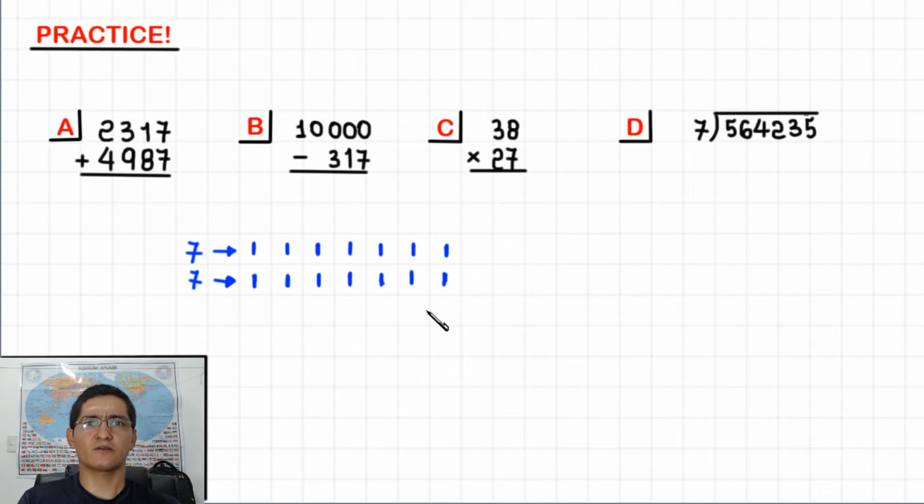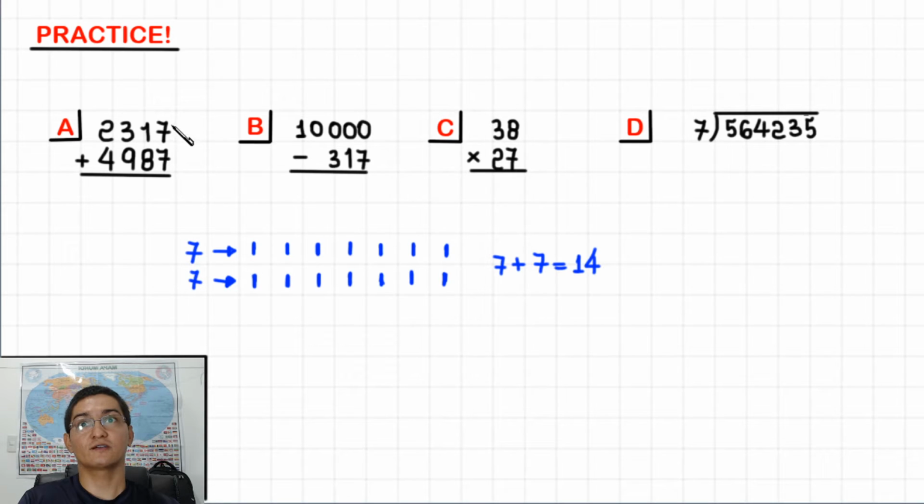Now let's count them all. 1, 2, 3, 4, 5, 6, 7, 8, 9, 10, 11, 12, 13, 14. So 7 plus 7 equals 14.